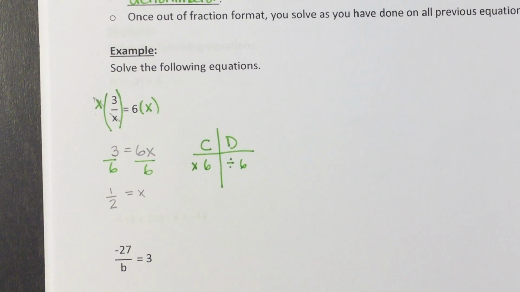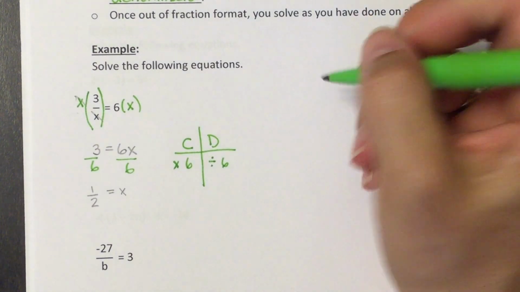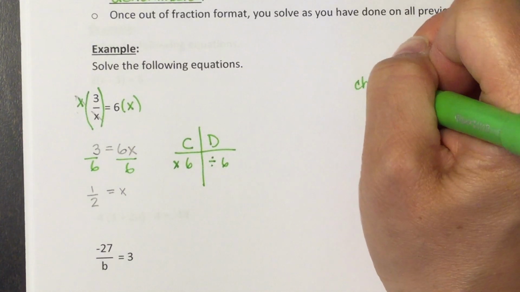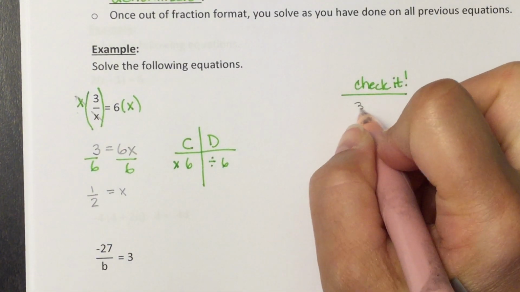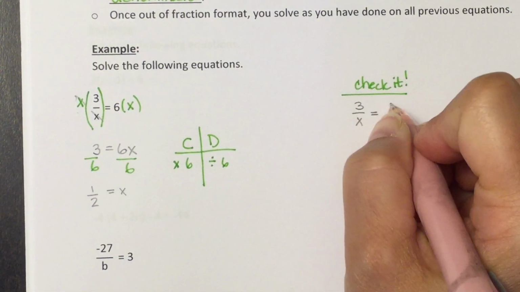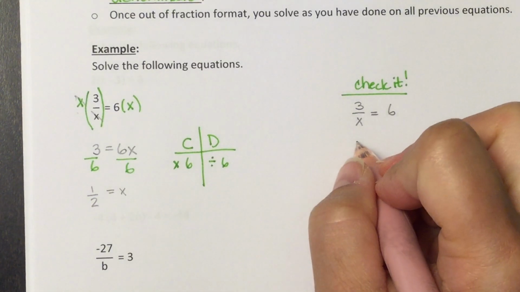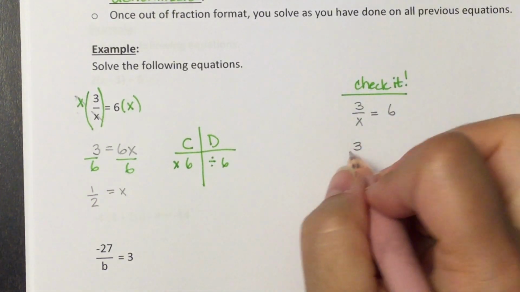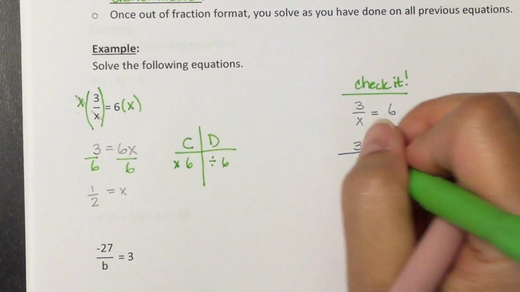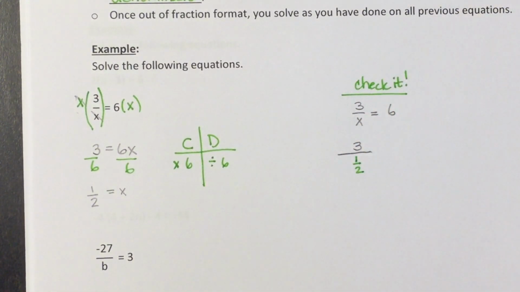Now if I go to check it, we're using a fraction in a fraction. Let's try that out. My original equation is 3 over x equals 6. So when I replace the x, we're going to get 3 divided by 1/2 equals 6.